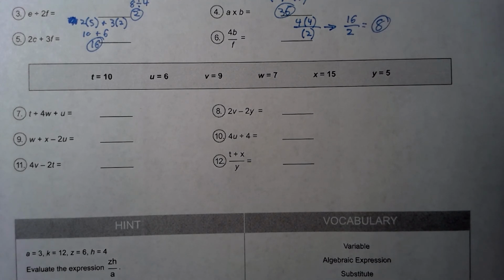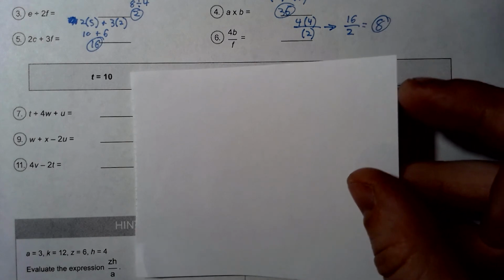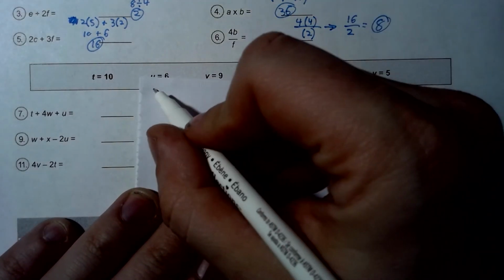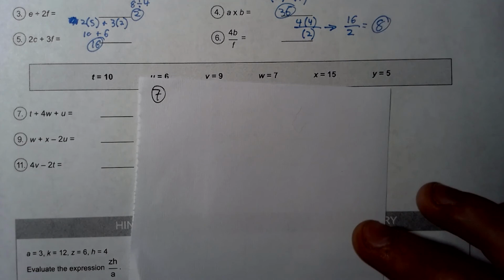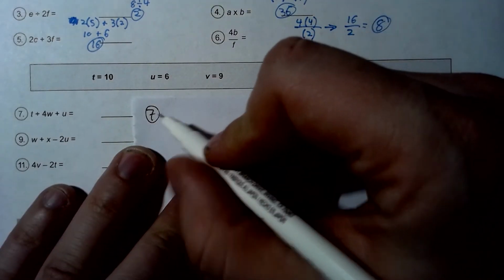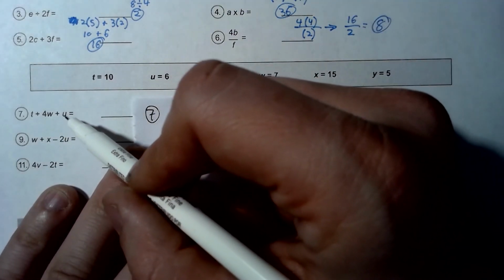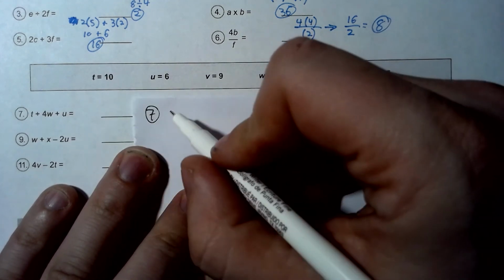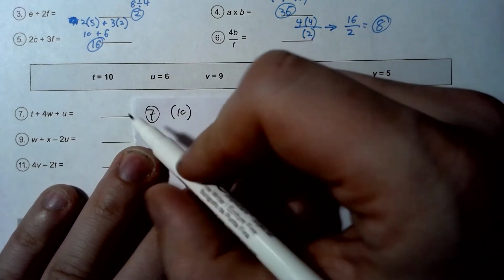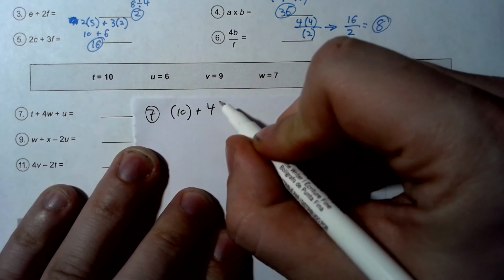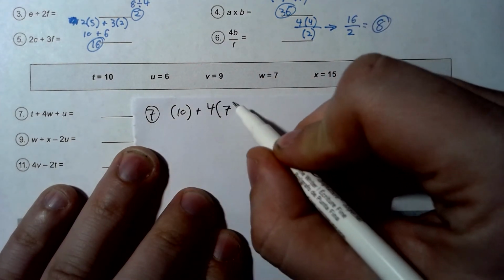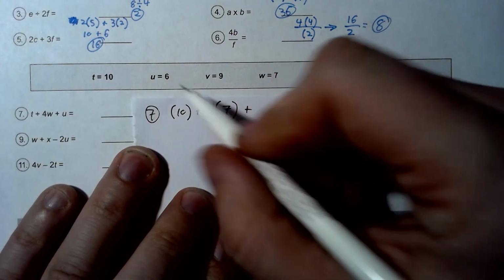I've also figured from those problems that it will probably come in handy to have a scrap piece of paper to work some of these out on, so I'm not cramming everything on here. For number 7, it says t plus 4w plus u. Well, t is going to be equal to 10 plus 4w, w is equal to 7, plus u, which is equal to 6.